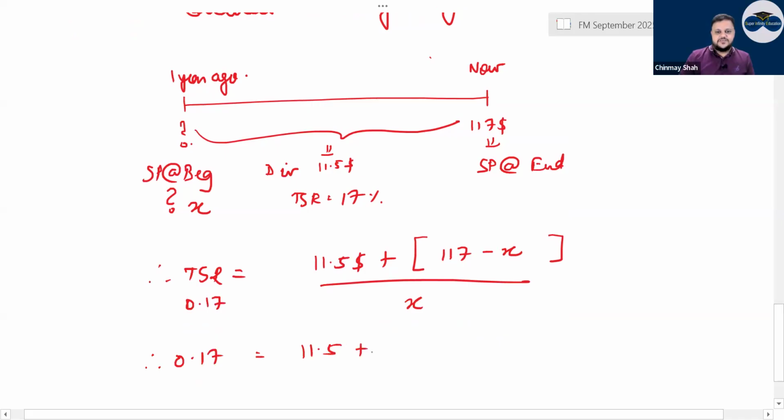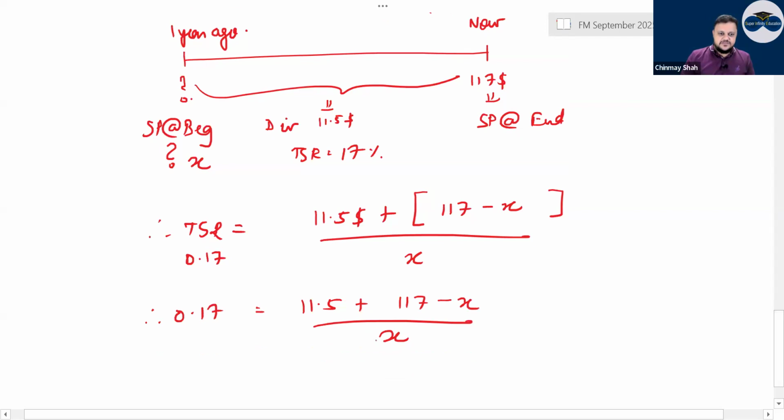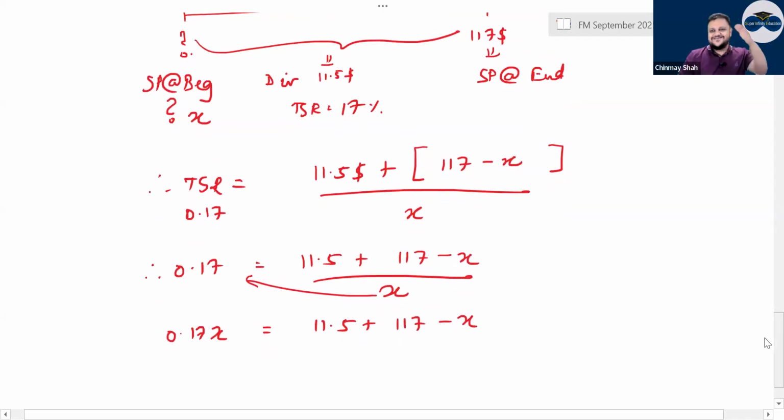Therefore, 0.17 is equal to what? 11.5 plus 117 minus X, the whole divided by X. So how will you do it? This X goes this side. Do you know how to calculate with a fraction? 0.17X is equal to 11.5 plus 117 minus X. Right? Now take this X that side.